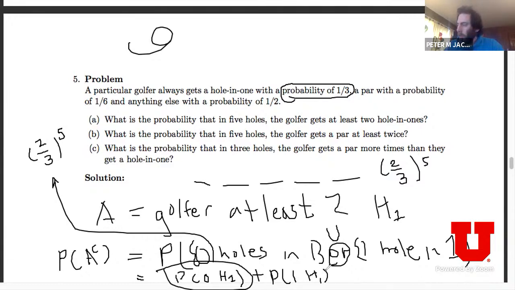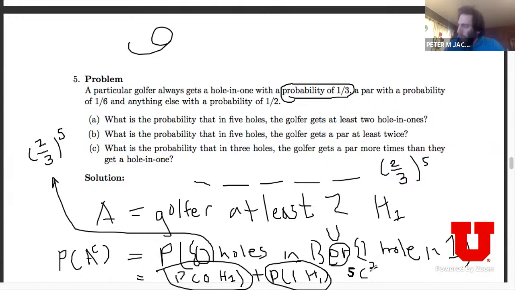Okay, then the other part is that they get 1 hole in one. Now there are 5 different spots, so there are 5 different ways that we could choose that 1 hole in one. And then for each of those, there are 4 holes where they didn't get a hole in one.